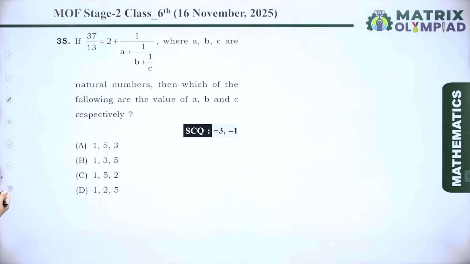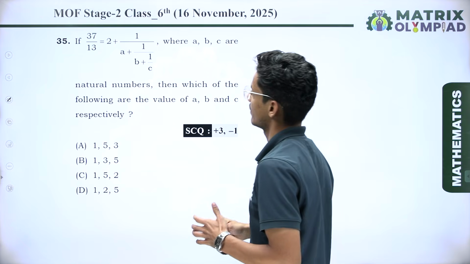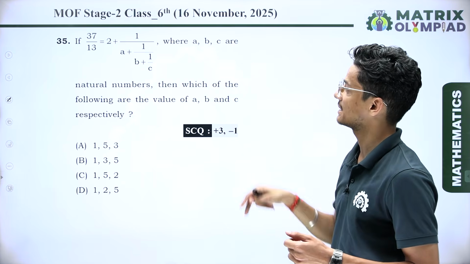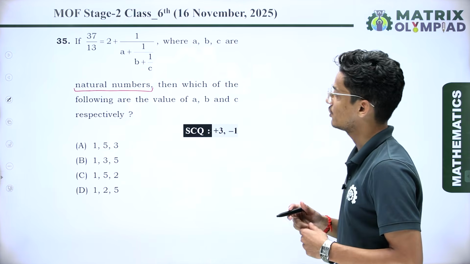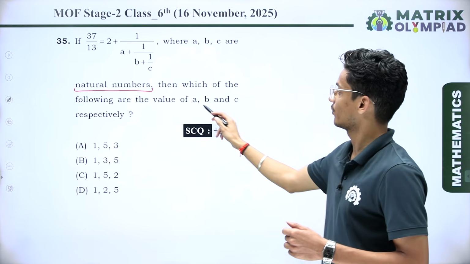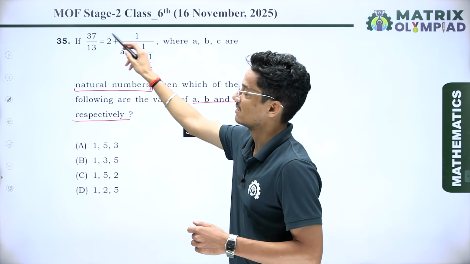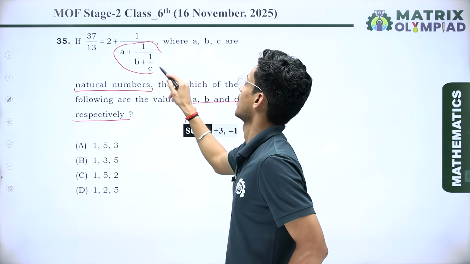So now the next question: if 37 upon 13 is equal to 2 plus 1 upon A plus 1 upon B plus 1 upon C, where A, B and C are natural numbers, then which of the following are the values of A, B and C respectively? Before simplifying it we have to simplify this part.